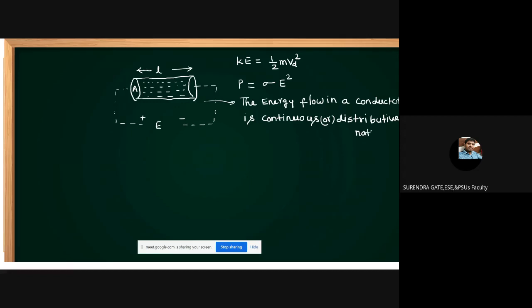That's the reason why the energy loss is also continuous or distributive in nature.